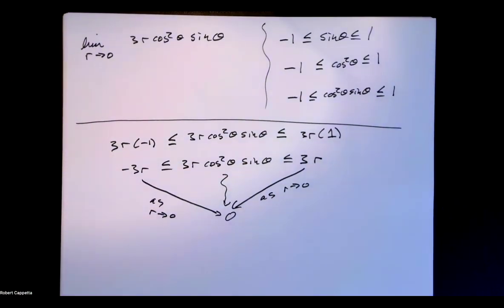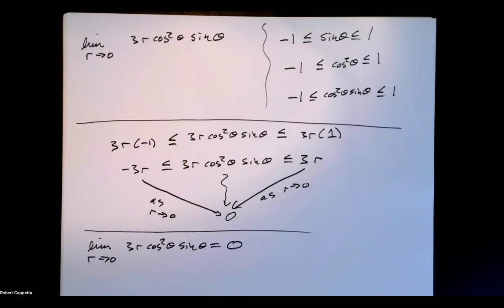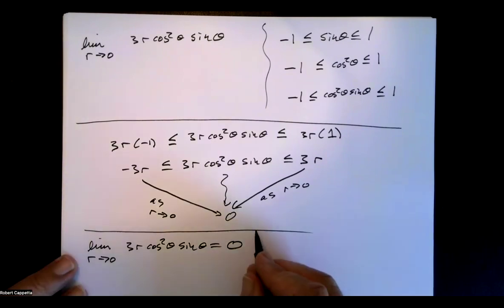So what do we conclude? By the squeeze theorem, we get this fact. But remember, this was equivalent to our original question, which was the limit as x, y goes to 0, 0 of 3x squared y over x squared plus y squared.